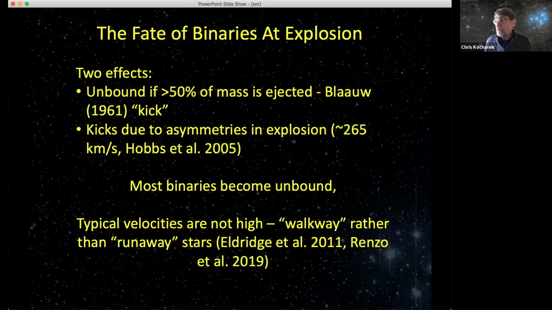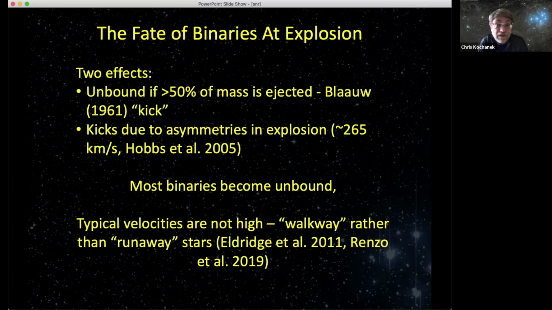Okay, so if I have a star in a binary, and then I blow up one of the members, there are 2 effects which change the binary. The first one goes all the way back to 1961 to a paper by Blaauw.